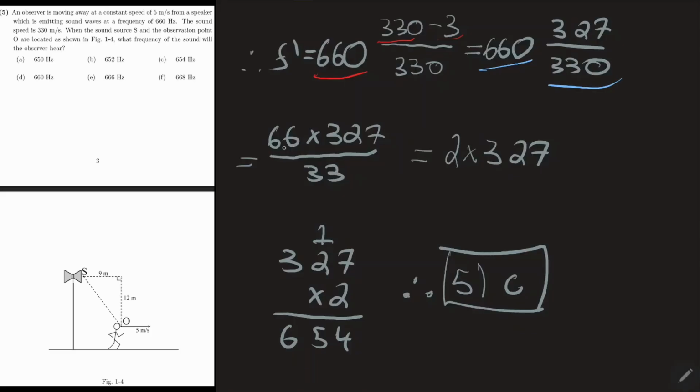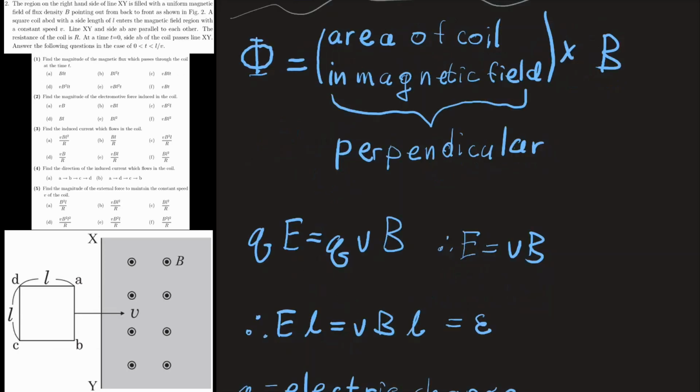And 66 is clearly just double 33, so 66 over 33 just becomes 2. So then we just have 327 times 2. Hopefully you know how to do multiplication on paper. You can find that equals 654 hertz, which is choice C.